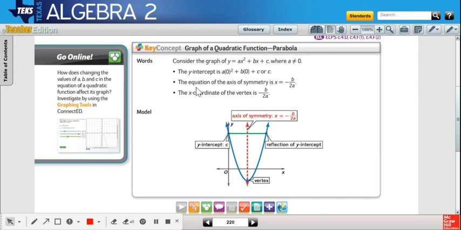The equation of the axis of symmetry: in order to find the axis of symmetry, the formula is x equals negative b divided by 2a, or 2 times a. If I were to ask you for the axis of symmetry, you're going to write it out in this form, x equals negative b over 2a. You plug in the b value and you plug in the a value.